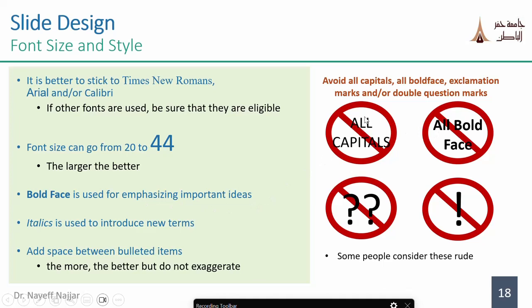You should avoid practices like writing all the words in capitals, writing everything in boldface, or using too many question marks or exclamation marks. Some people might consider these practices rude. So you should avoid using them.